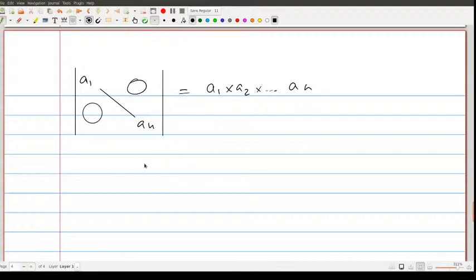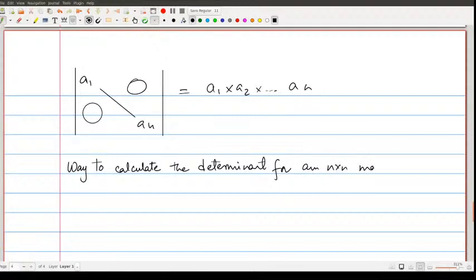So if you have a nicer matrix, then you can compute it. What is this? We can use this property at this point. This is an efficient way to compute the determinant, right? We have a way to calculate the determinant for an n by n matrix.